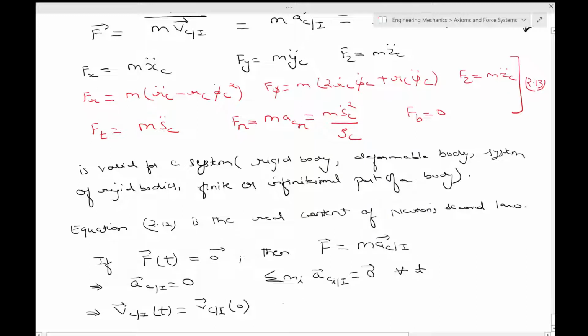And the same applies over here: m_i v_Ci, actually velocity of the center of mass of the ith body or the ith part of the system at time t is equal to m_i v_Ci at 0. So this all is 2.14.